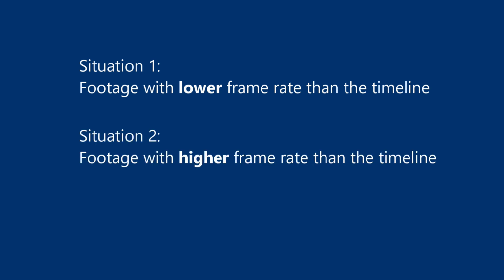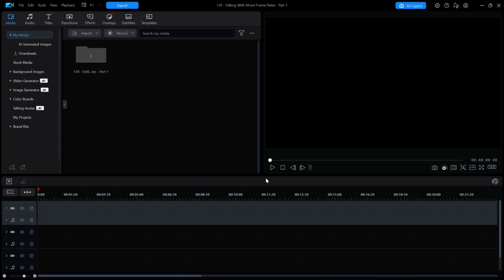The second situation is just the reverse, that is using footage with a higher frame rate in a project set to a lower frame rate. Because of time restraints in this video, that second situation will be shown in a follow-up video, which means we are about to discuss using lower frame rate footage in a project set to a higher frame rate.